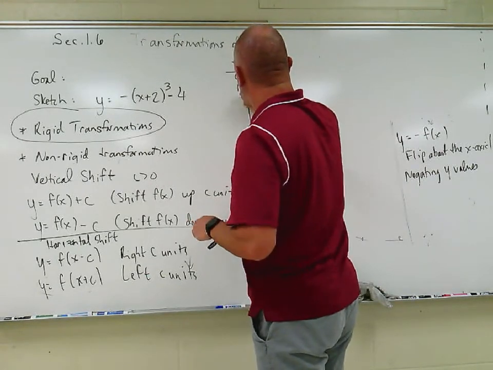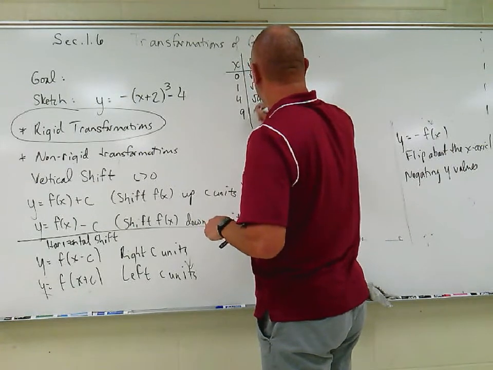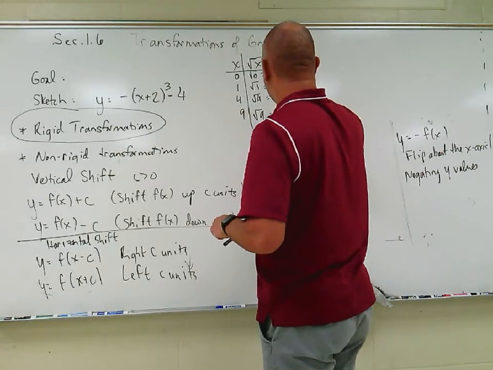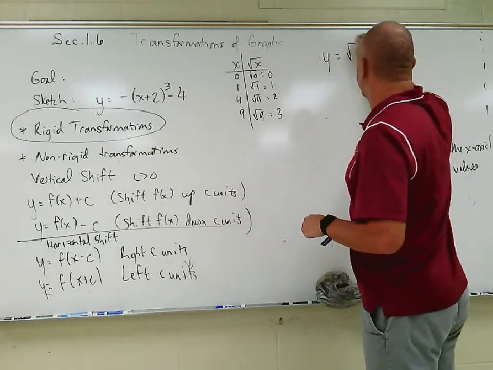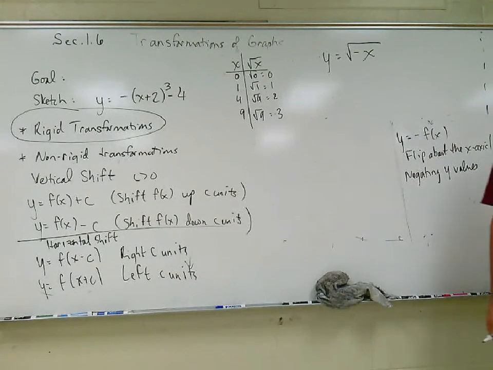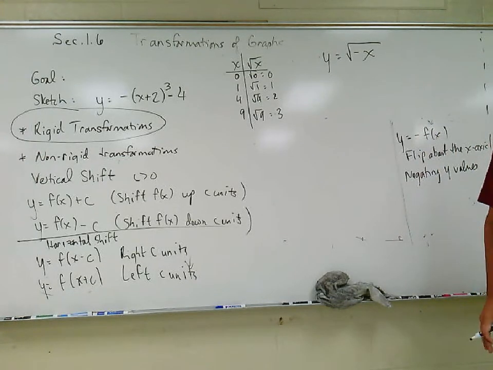So 0, 1, 4, 9 is what we used before. We got 0, 1, 2, 3. So my question is, a negative in with the x, what happens? What do you think it's going to do? So a negative in front flipped about the x, what do you think a negative on the inside is going to do?